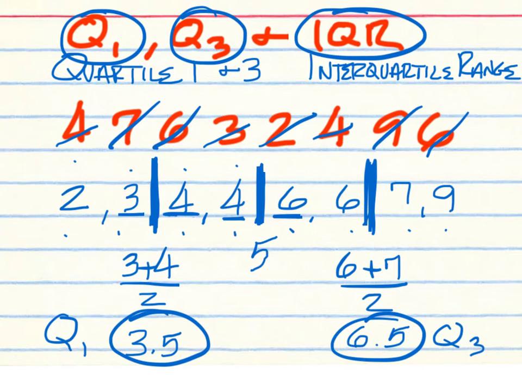The interquartile range is the difference between Q3 and Q1. The distance between Q1 and Q3. In other words, IQR is 6.5 minus 3.5, which would be 3.